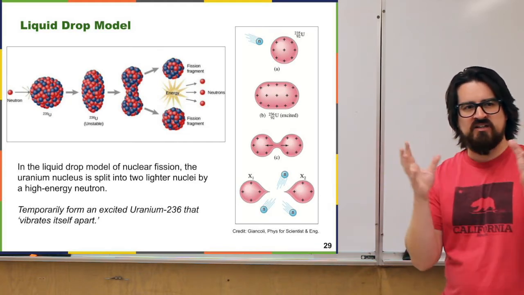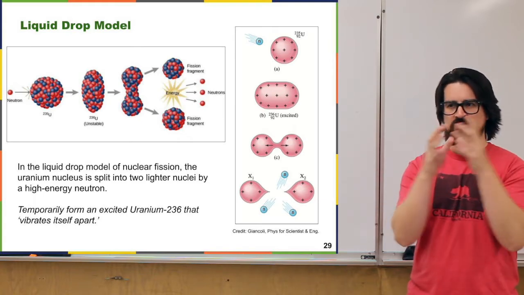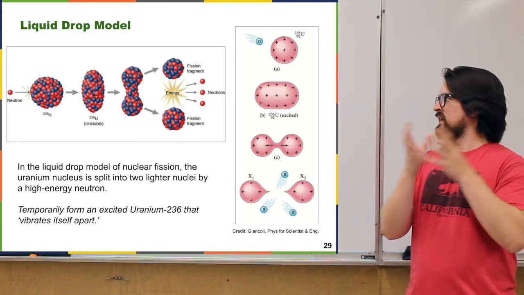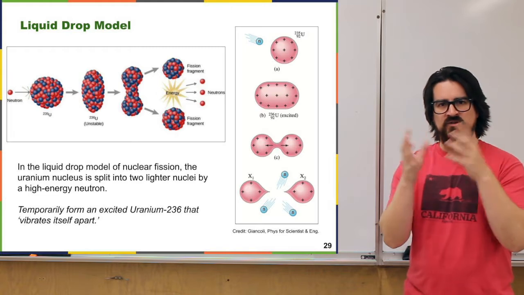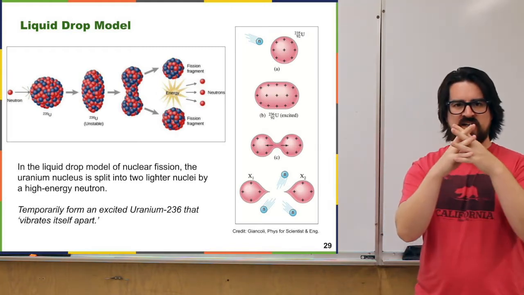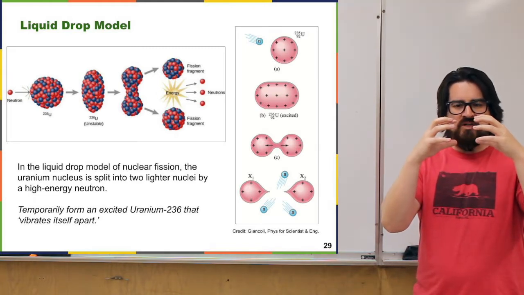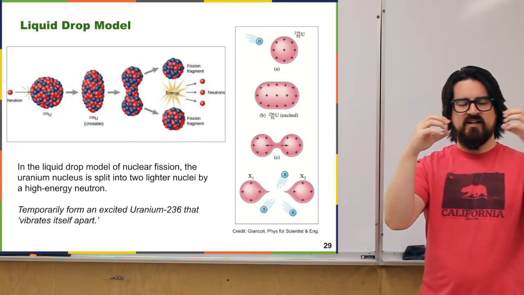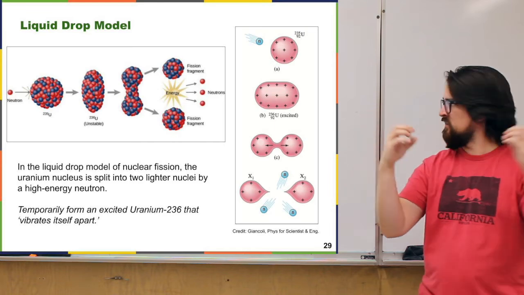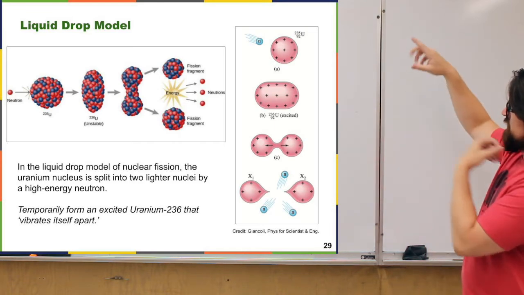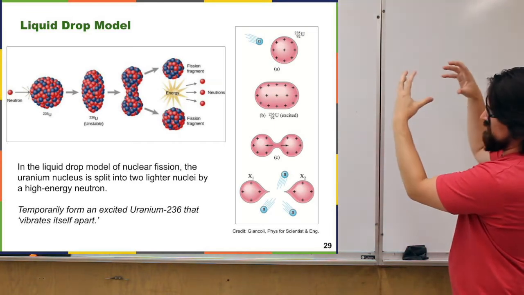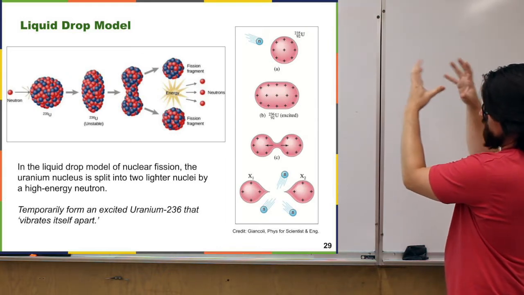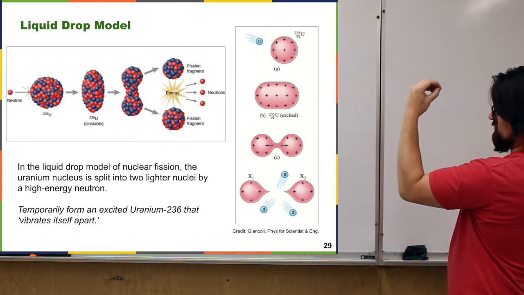You can think of it as a drop that just got hit by something, and so it vibrates. If it is vibrating enough and for long enough, then that vibration can end up pulling the drop into 2 different chunks. And if it has a strong enough vibration, then that connection gets so small that it eventually snaps. Shown here in 2 different ways, the neutron comes in, gets absorbed, you get this excited nucleus, and that nucleus is vibrating and eventually can pull itself apart.